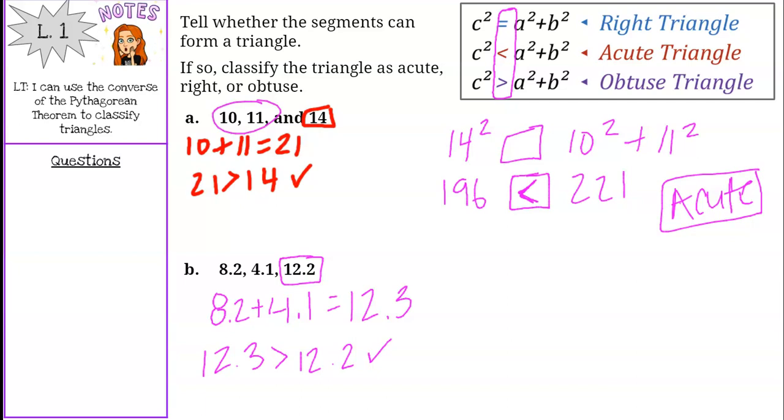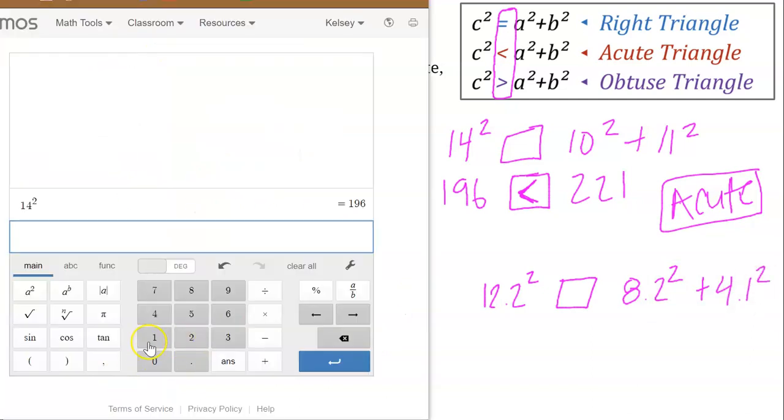Now that we know it can make a triangle, we're going to determine what kind of triangle it will make. Again, we start with our largest side, 12.2, and we square it. Make our box, and then add the squares of the other two side lengths, 8.2 squared plus 4.1 squared. Use our calculator again to evaluate.